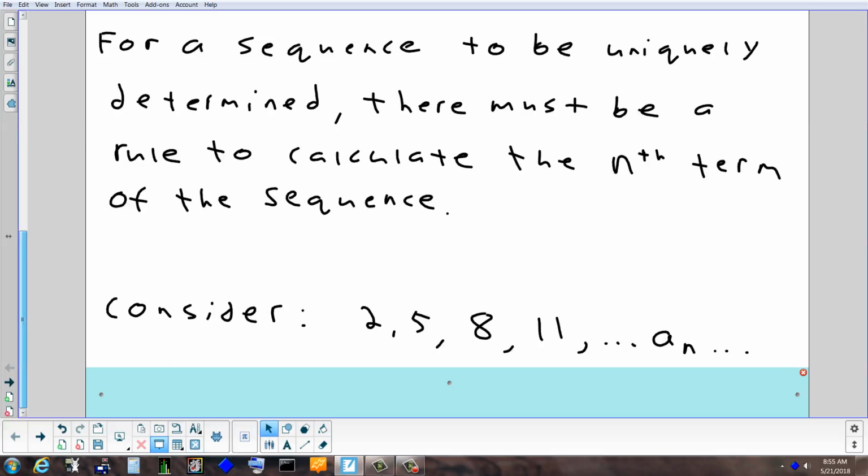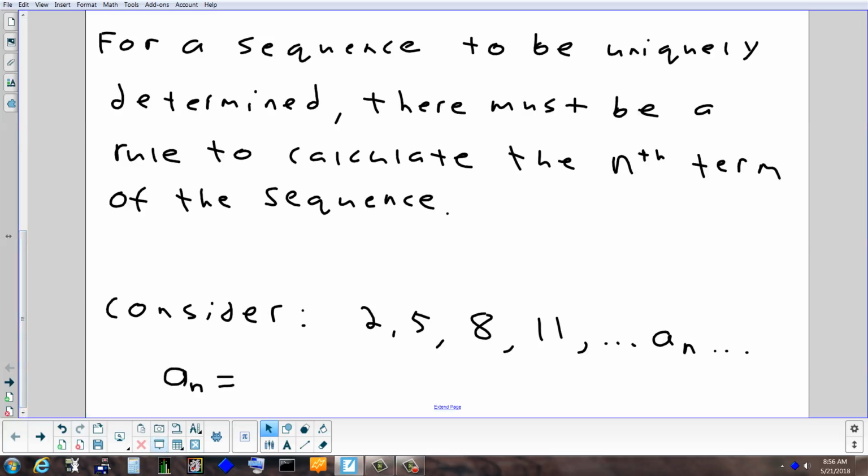If you only knew the first 2 terms, like let's say only the 2 and the 5, there's a lot of ways to get from 2 to 5. You could say, maybe I double it and then add 1. Or maybe I square it and add 1. Or triple it and minus 1. There's all kinds of ways. But once you get the 2, the 5, the 8, and the 11, that kind of establishes the pattern.